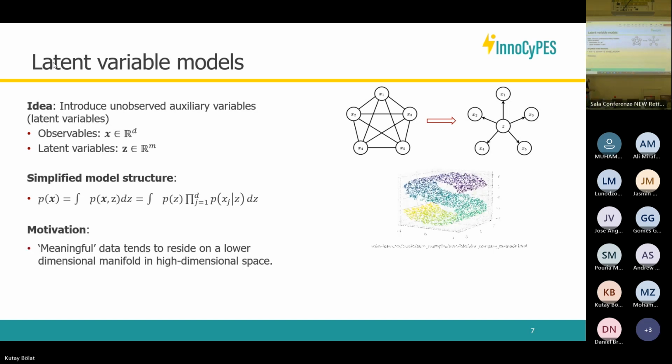The motivation is, again, as we discussed in the break, that meaningful data tends to reside on a lower dimensional manifold in high dimensional spaces, right?